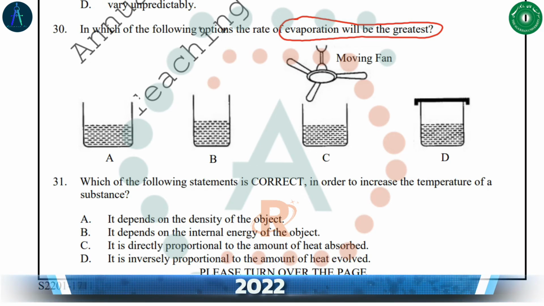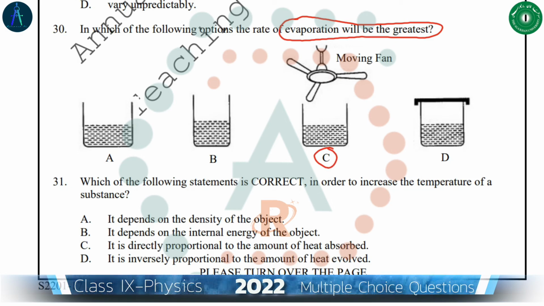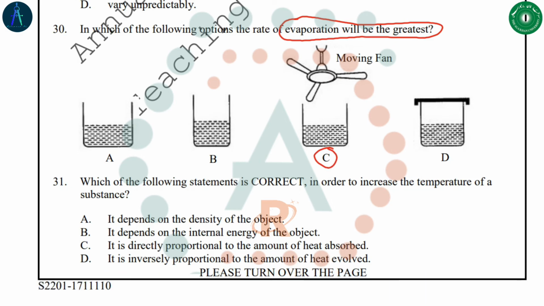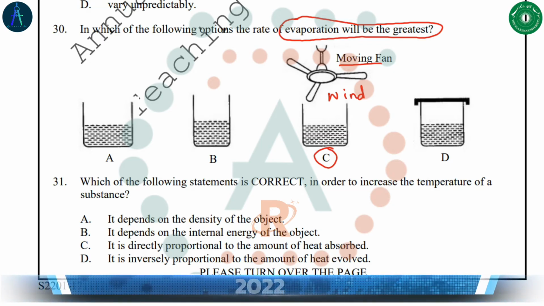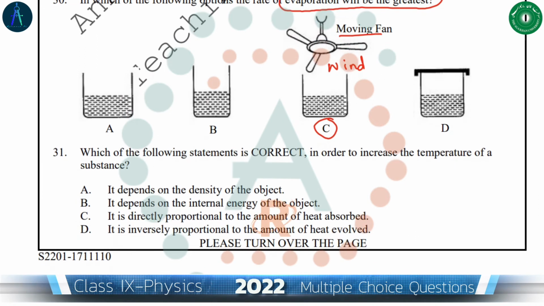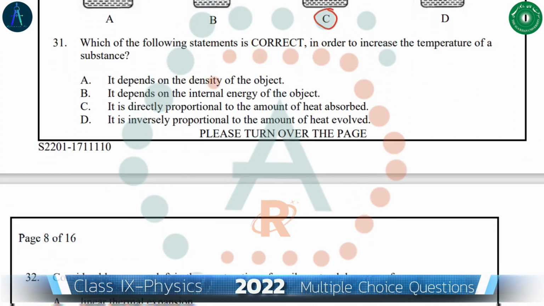As we can see in option C, we have the greater area that increases the rate of evaporation, as well as a moving fan that increases the wind above the surface of that liquid. This will increase the rate of evaporation from the surface of that liquid.